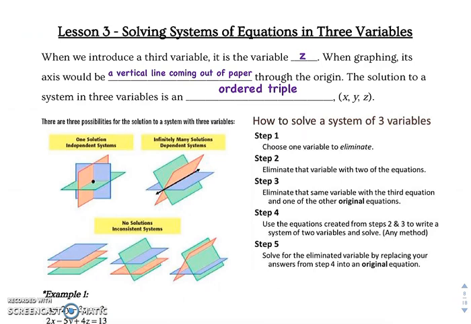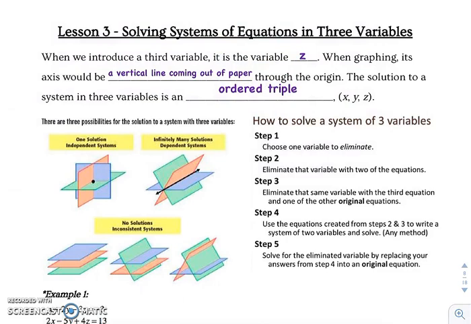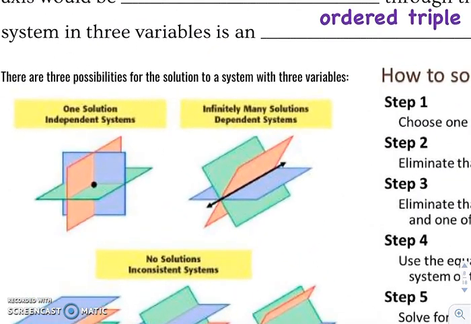So the solution to a system with three variables would have three solutions, one for each variable, and it's an ordered triple, x, y, z. So instead of just x, y, we have x, y, z. What happens is these planes, so if you're looking at that first image there, this would be the y plane.